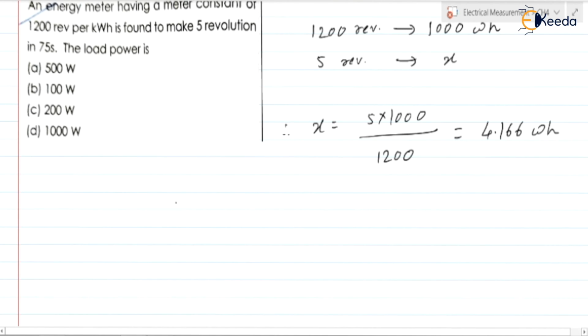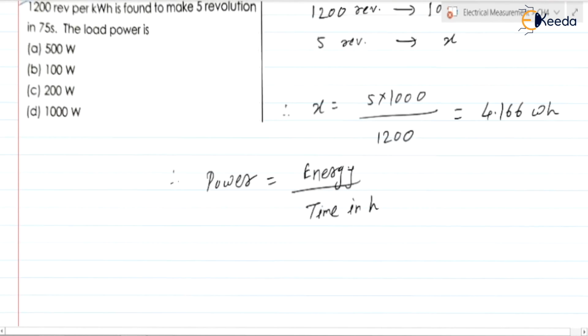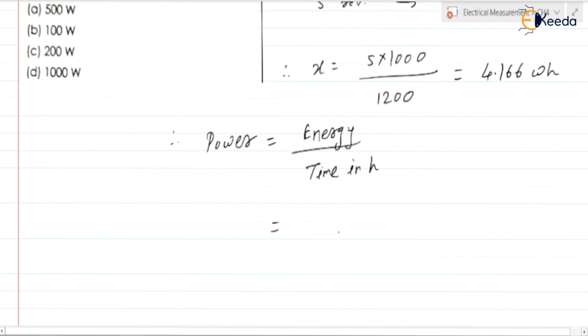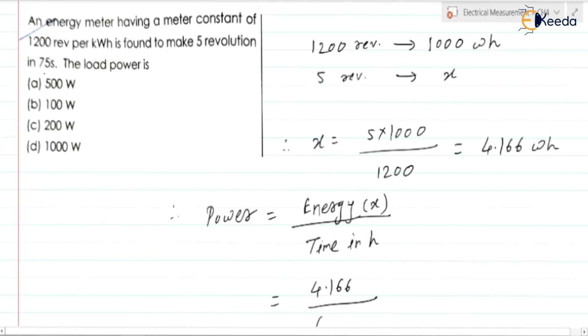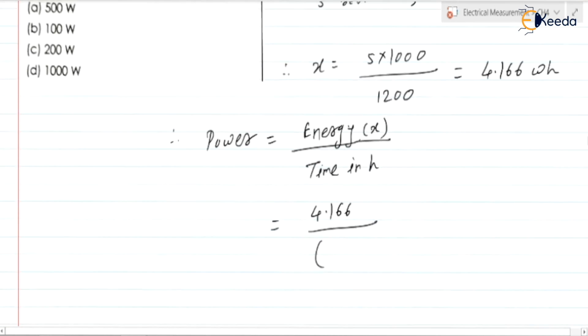Therefore, power is equal to energy divided by time, but the time should be in hours. So power is equal to the energy x, which is 4.166, divided by the time. Can we convert the time 75 seconds into hours?